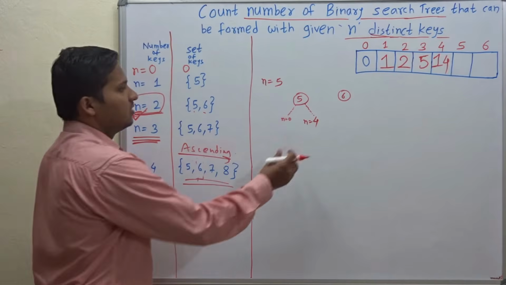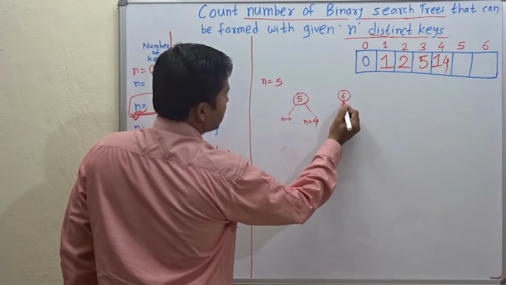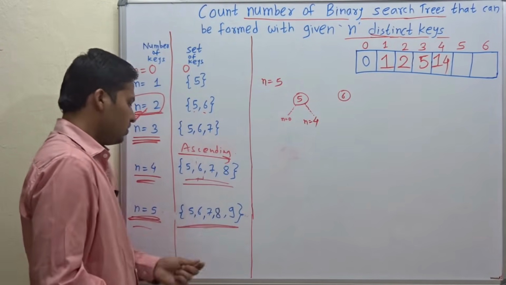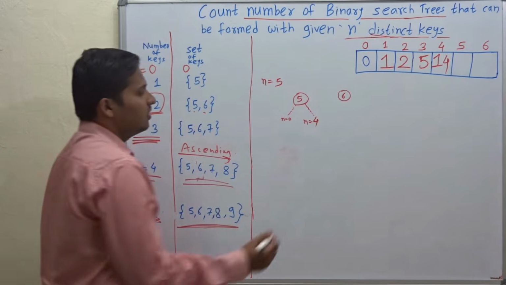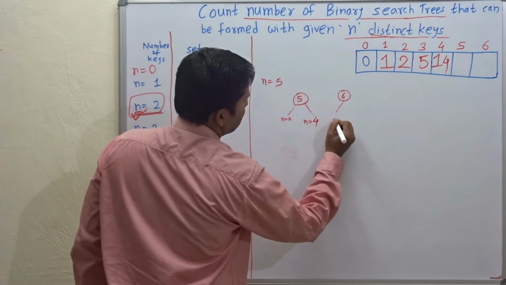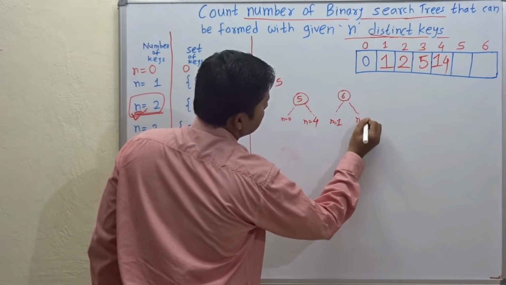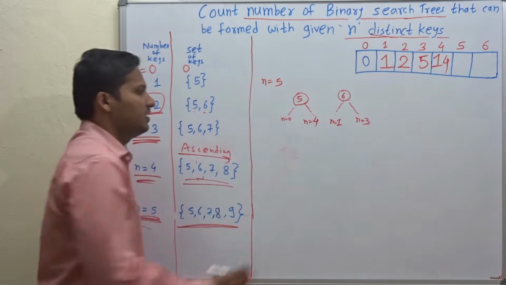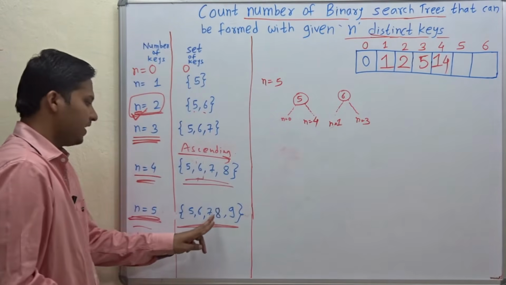So we just write the number of keys now. For 6 as the root, there will obviously be 1 key on the left and 3 on the right. So here n equal to 1 on the left and n equal to 3 on the right.